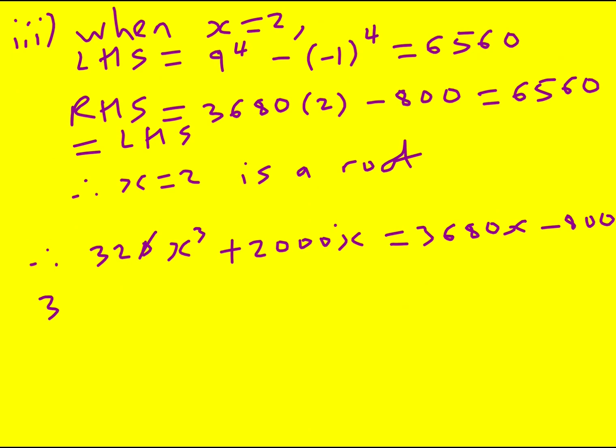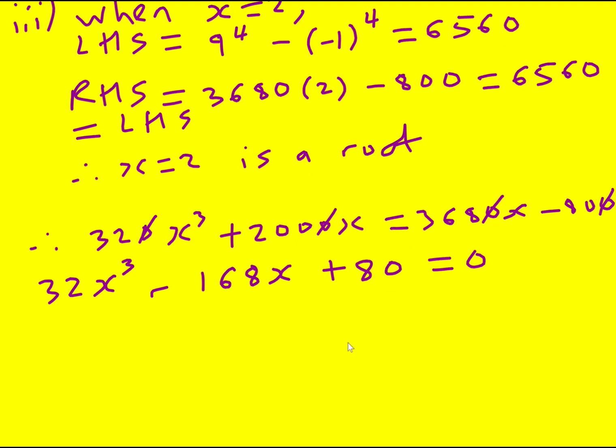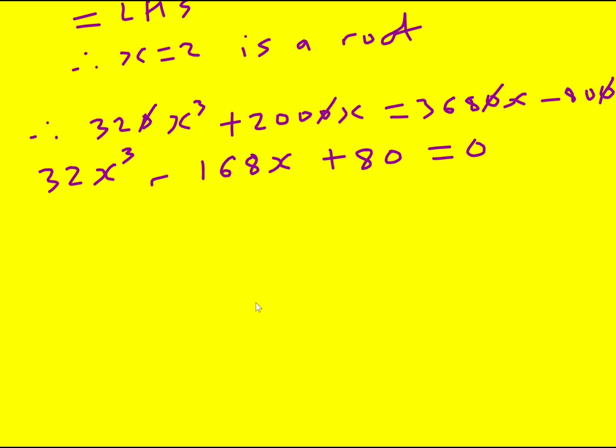We're going to straight away divide it through by 10, just to make life a little bit easier. So 32x cubed minus 168x plus 80 equals 0. Look for a common factor.